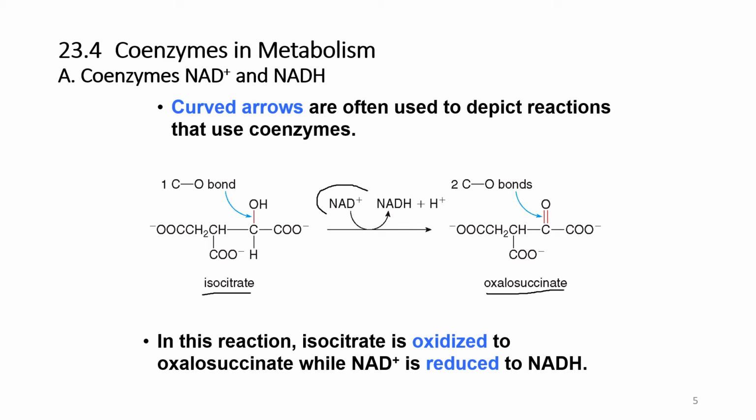So here we have our NAD+, that's the oxidized form. It gets reduced, and we also have a proton here. Remember, it's going to pick up a hydrogen ion and 2 electrons. And this carbon-oxygen bond, remember, this is getting reduced, so this gets oxidized, and we are increasing the number of carbon to oxygen bonds. So that was oxidized to oxalosuccinate.